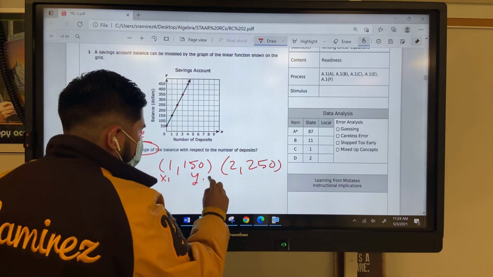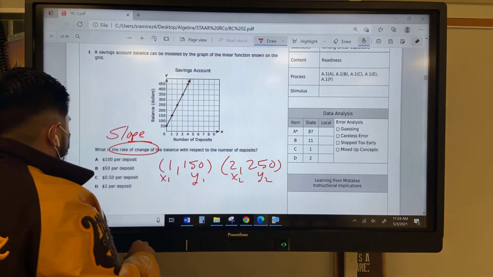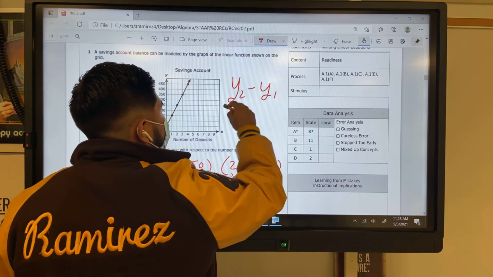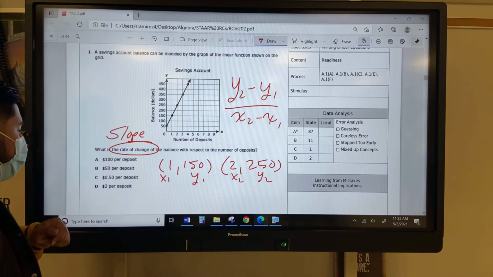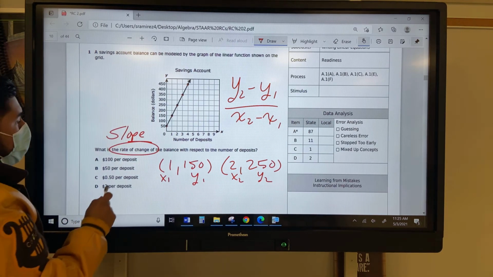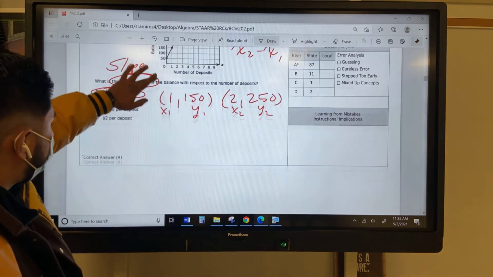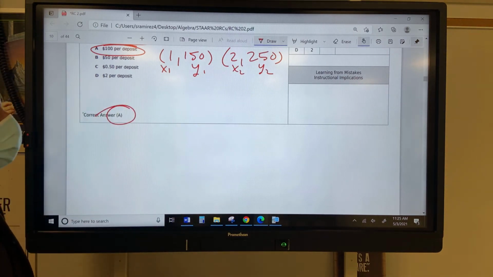X1, Y1, X2, Y2. Use the formula. Y2 minus Y1, X2 minus X1. You should get, I think it's A. Let's check. Yep, it's A. Set.